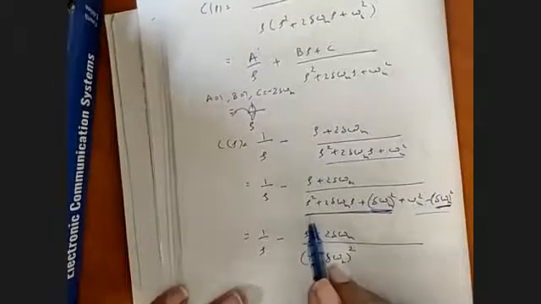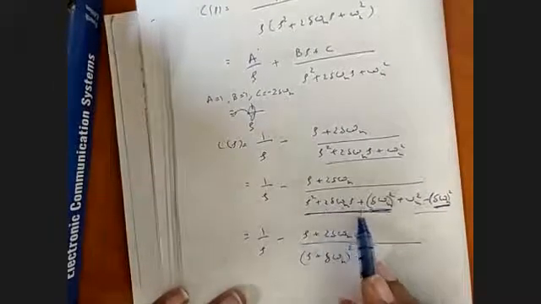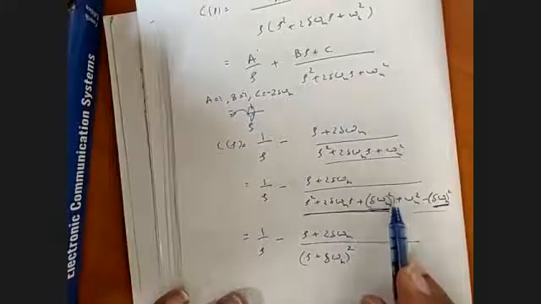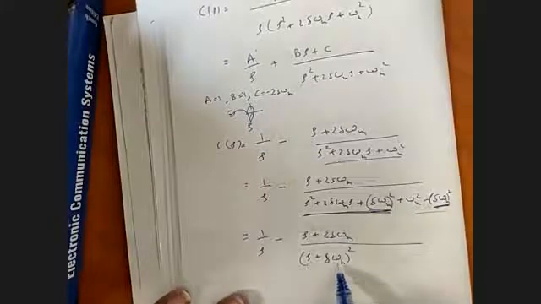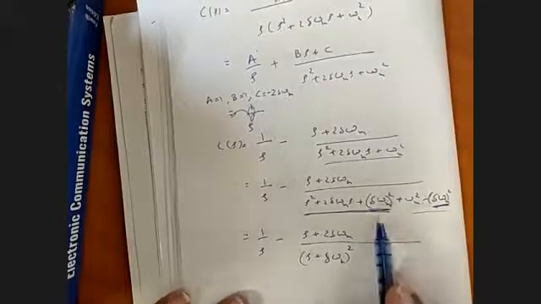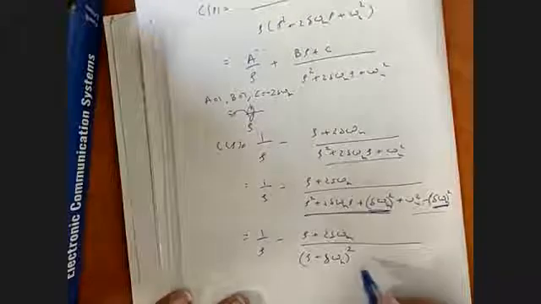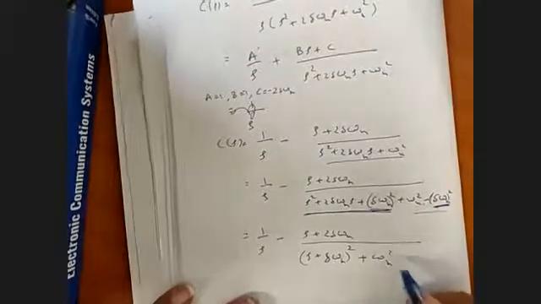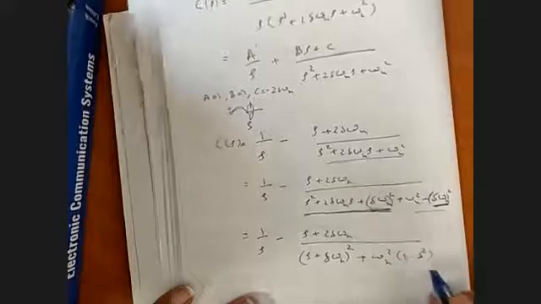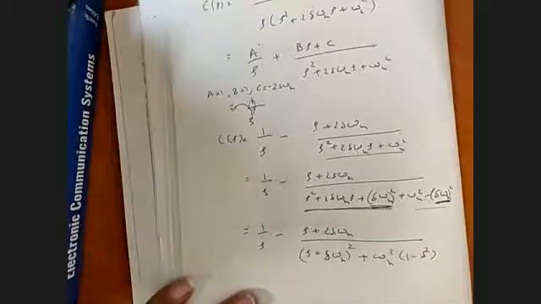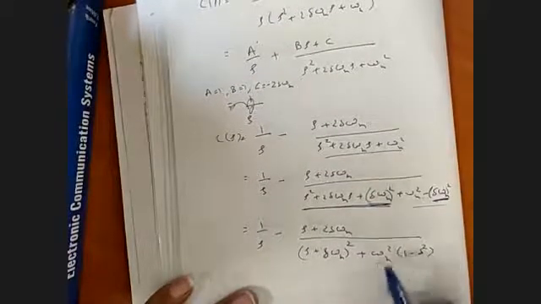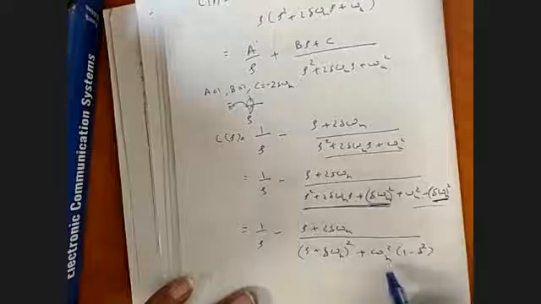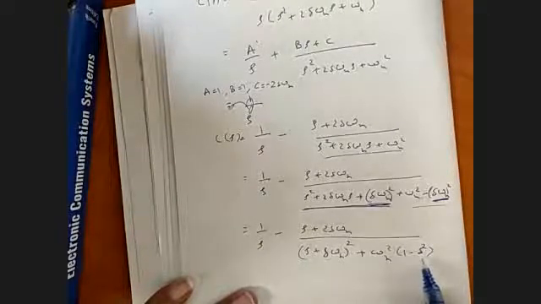Okay. So it is s square plus 2 delta omega n s plus delta square omega n square. So it is (s plus delta omega n) whole square plus omega n square (1 minus delta square). So I can write it as omega n under root 1 minus delta square.